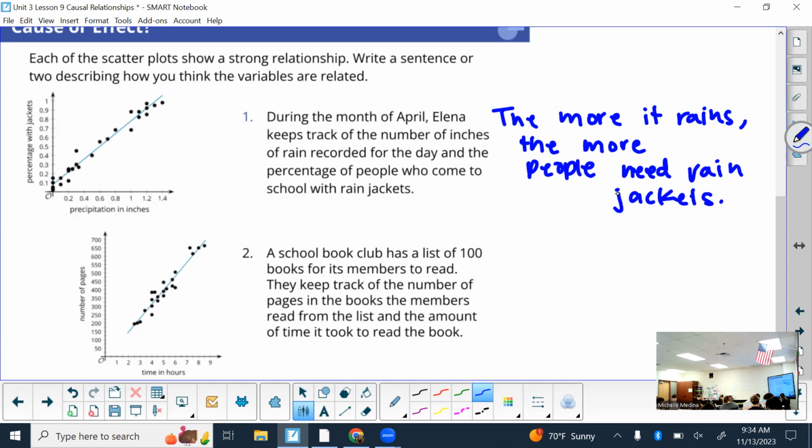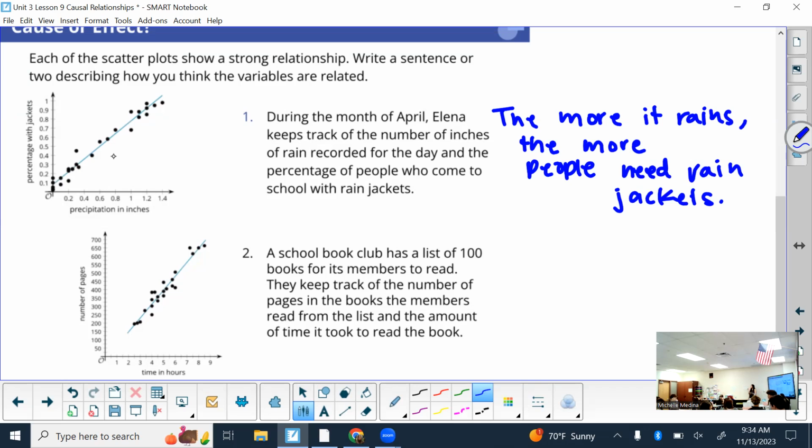Like if you wake up in the morning and it's lightly sprinkling, you might not necessarily bring your rain jacket. I don't even know if you guys own one, but you might not bring your umbrella. But if you go outside and it's raining really hard, then you're more likely to bring your rain jacket. So that I would agree with.